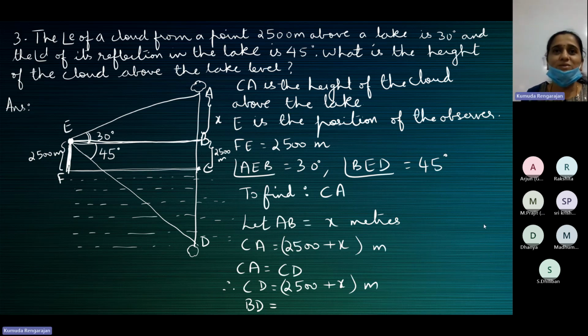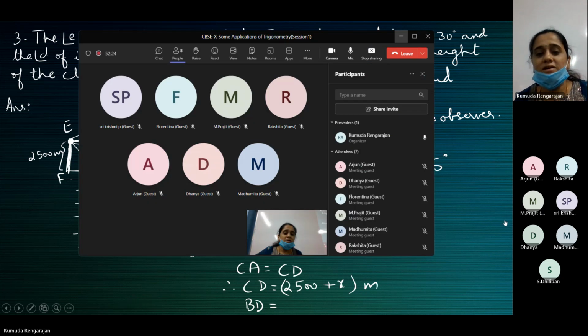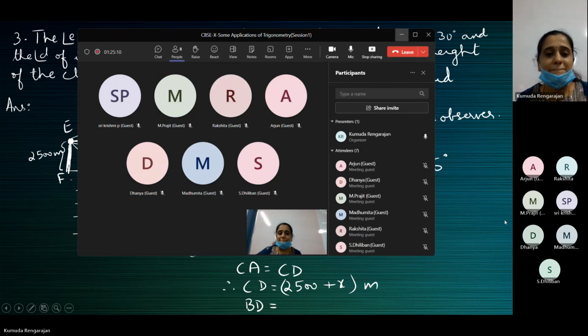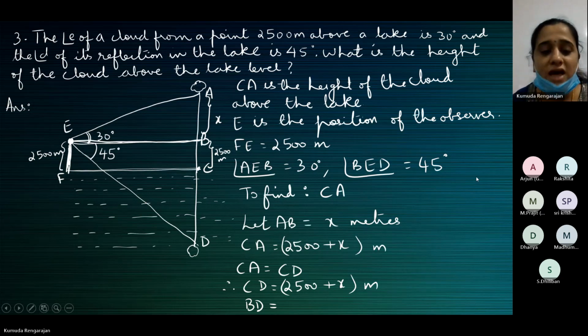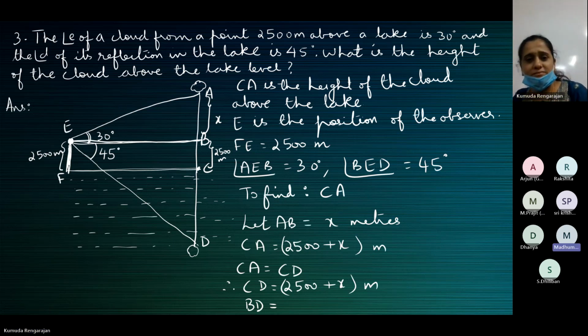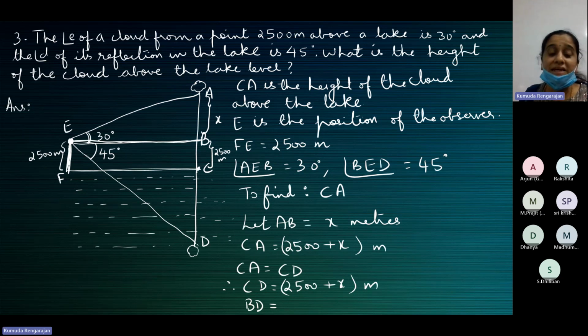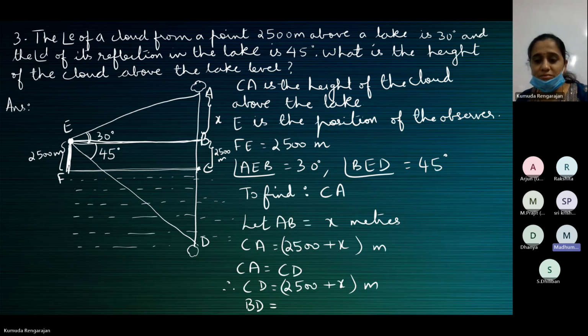Okay, you keep the answer with you. And we are online students. Yeah, BD. How much is BD? X, ma'am. Ma'am, I also think it's X plus 2500.